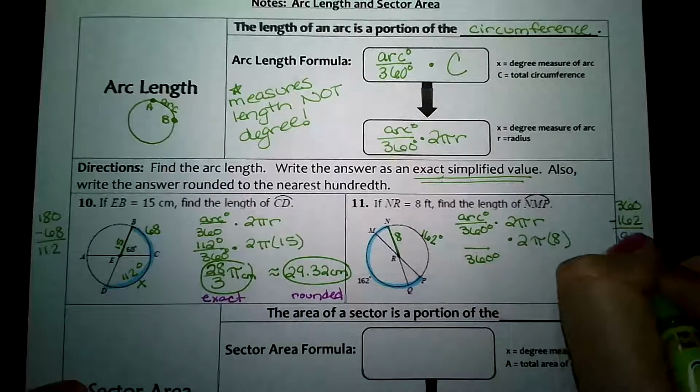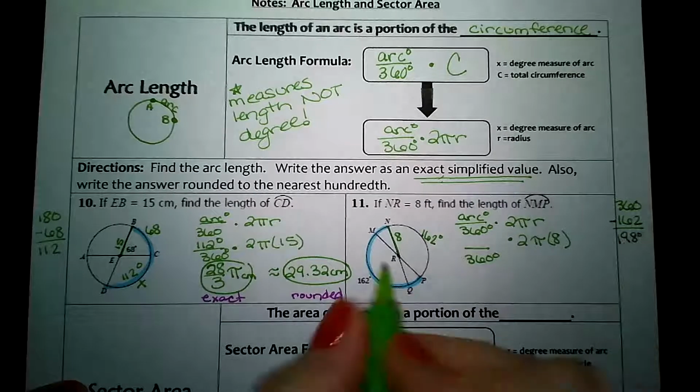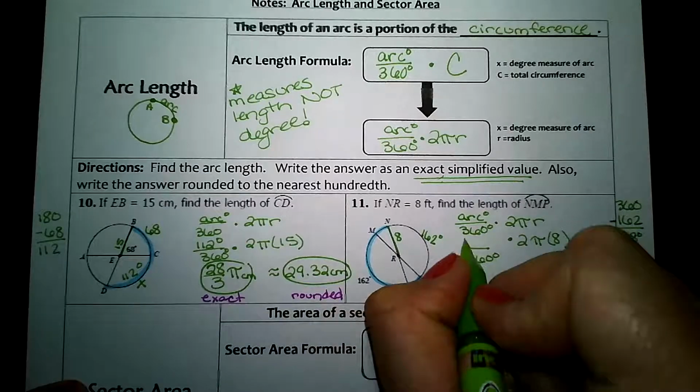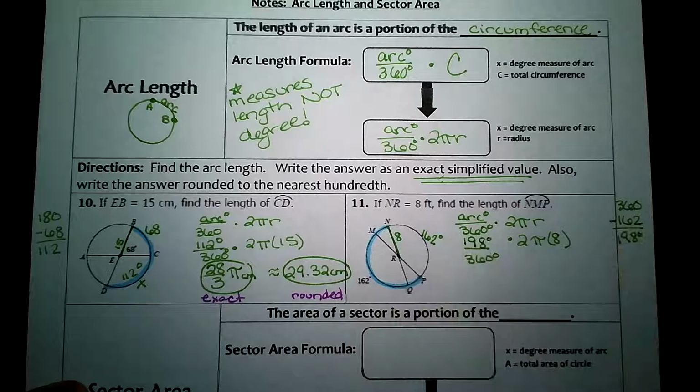That's 198 degrees. So from N all the way around to P is 198 degrees. That helps me fill in my entire formula. The arc degree is 198 out of 360 times 2 times pi times the radius of 8.